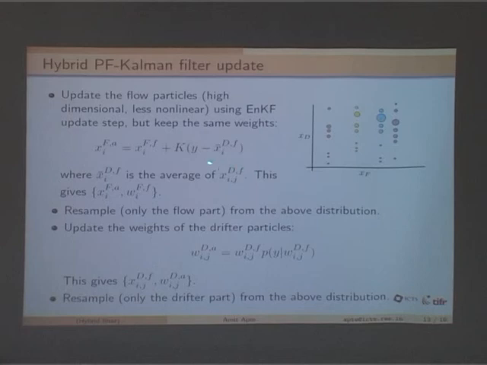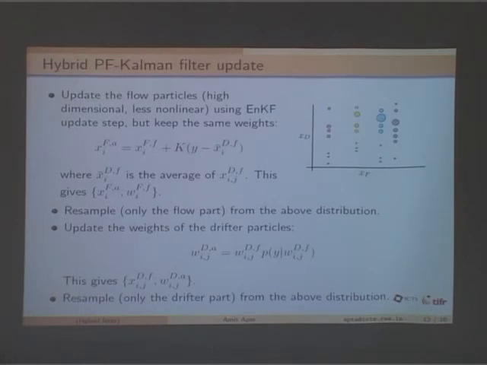Sorry, this should be a perturbed observation, so there should be YI clearly. This gives us a new ensemble. These particles will shift somewhere else, but the weights will remain what they are. So we have a new, updated distribution for the flow.